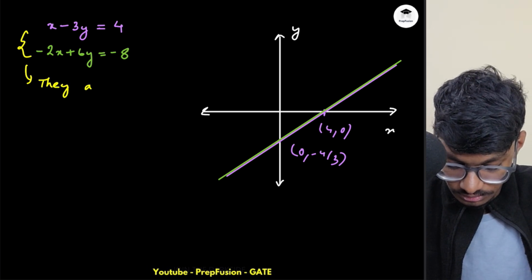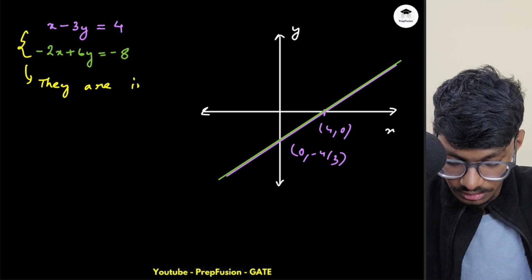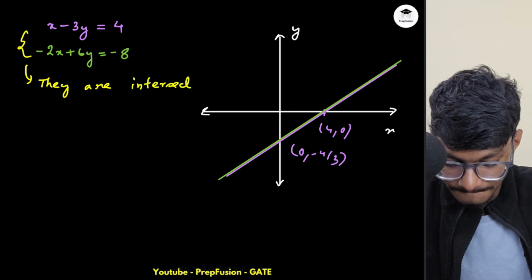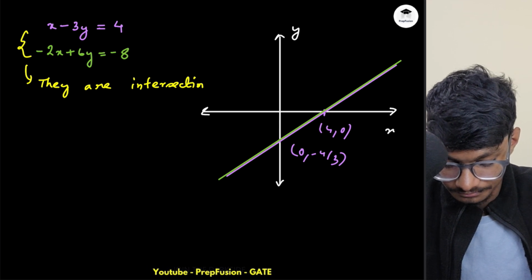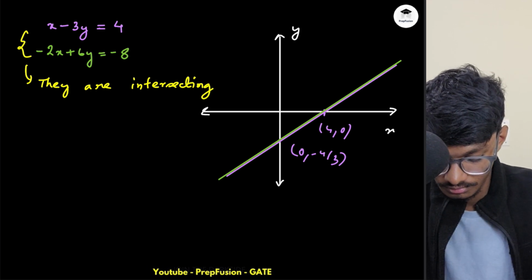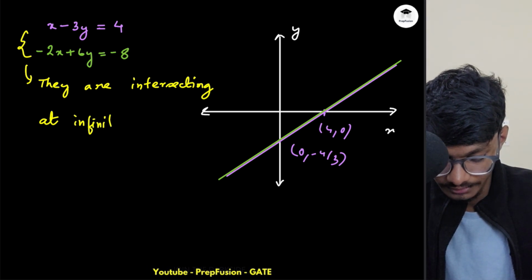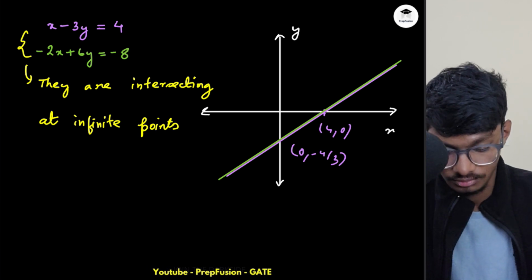They are intersecting at infinite points. What does this mean?